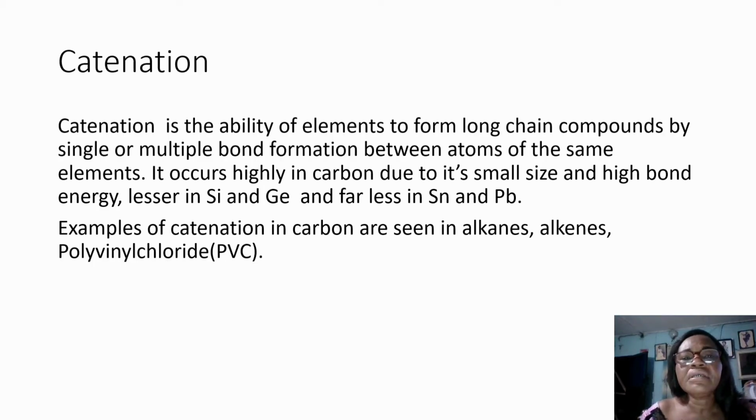Catenation is the ability of elements to form long chain compounds by single or multiple bond formation between atoms of the same element. It occurs highly in carbon due to its small size and high bond energy. Examples of catenation in carbon are seen in alkanes: ethane, propane, butane, pentane, hexane, heptane, octane, where carbon links with other carbons to form these various chains.